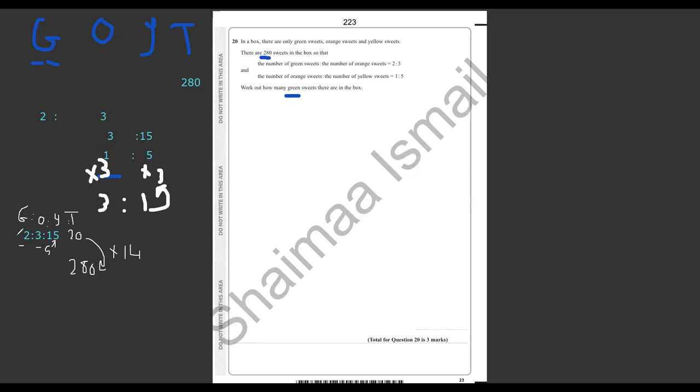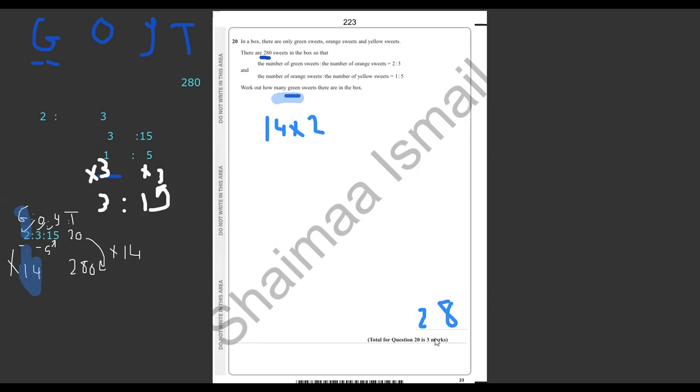To get any number for the green or the orange or the yellow, we multiply by 14. Here he wanted the value of the green, so we take the ratio of the green, which is 2, and multiply it by 14. So 14 multiplied by 2 gives us a total of 28.